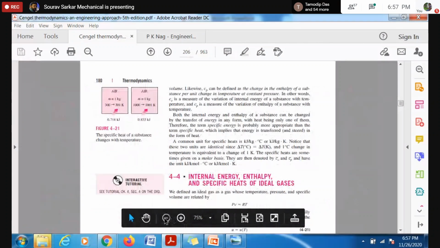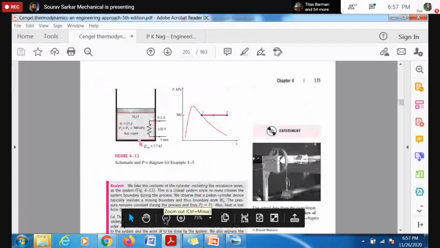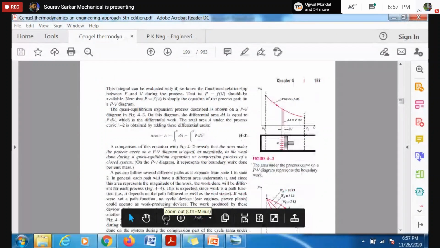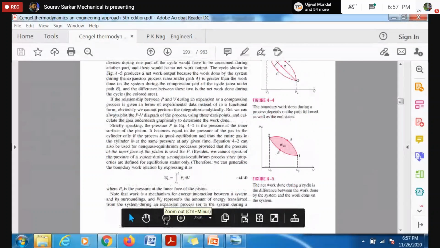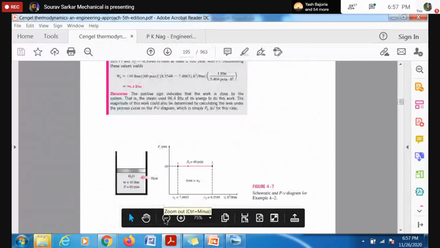It was very interesting when I found this one, non-intuitive. I'm showing you that example.